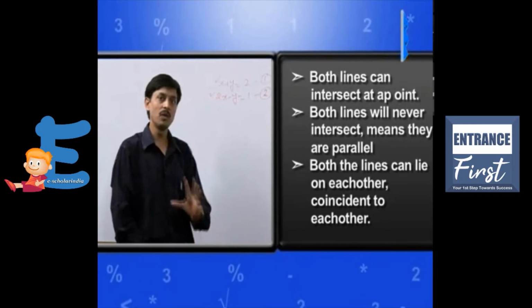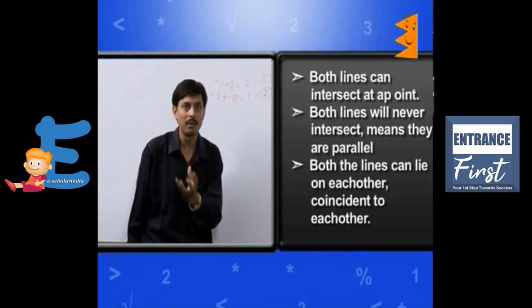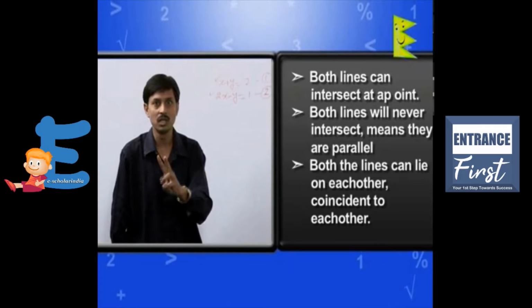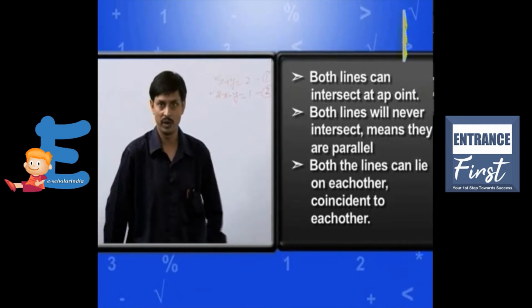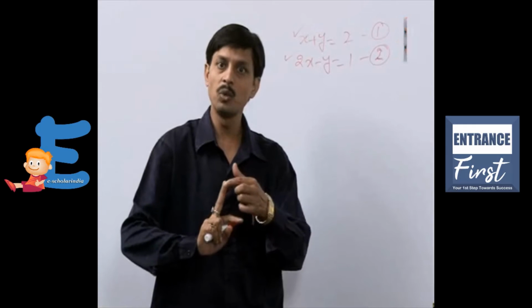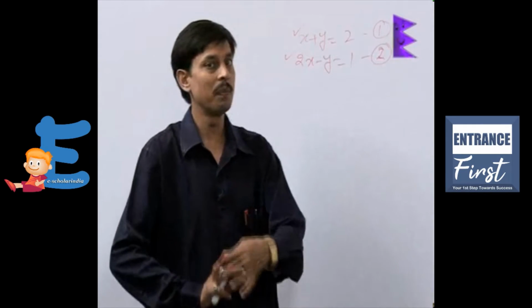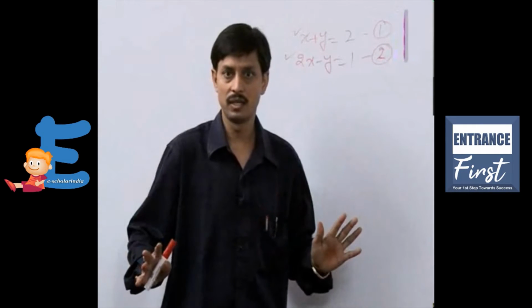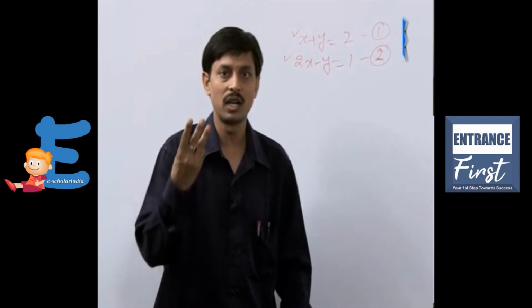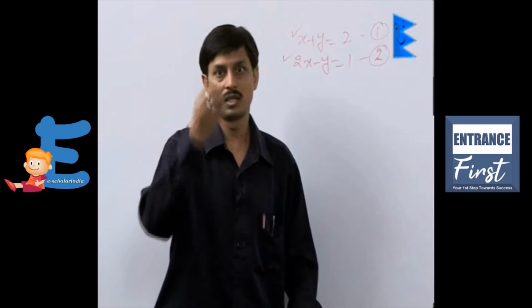So whenever we have a system of simultaneous linear equations, we have three situations while drawing the graph: the lines may be parallel, may intersect at one point, or may coincide.